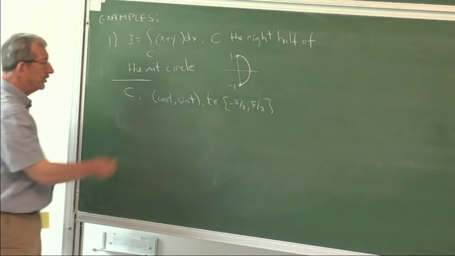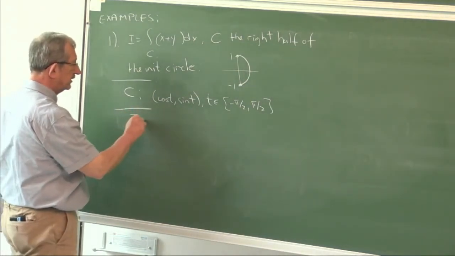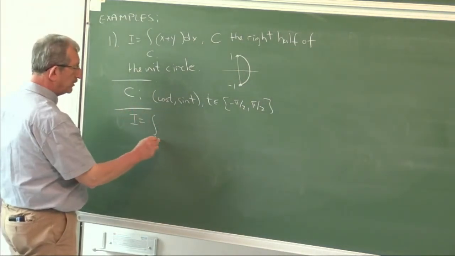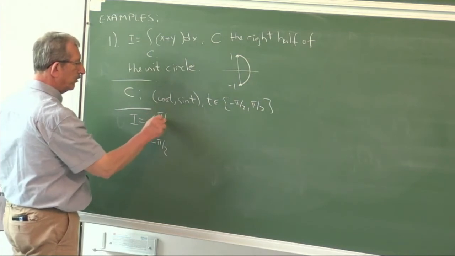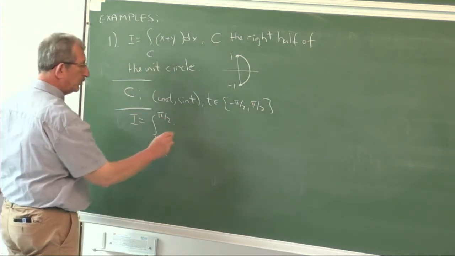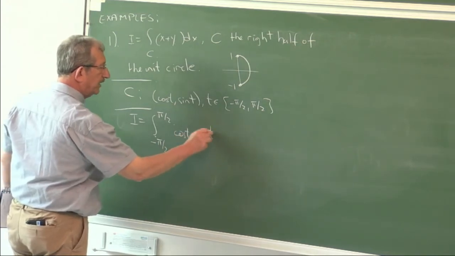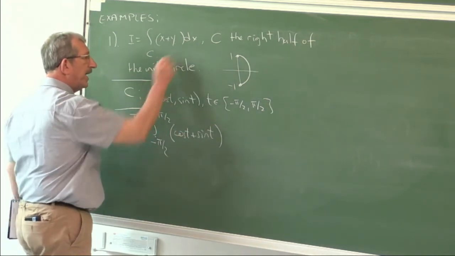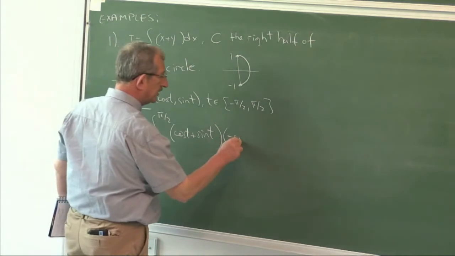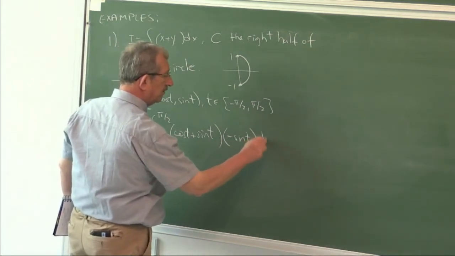The calculation would then give us the integral from minus pi over 2 to pi over 2. Well, x plus y would be cosine t plus sine t, and dx would be minus sine t dt.